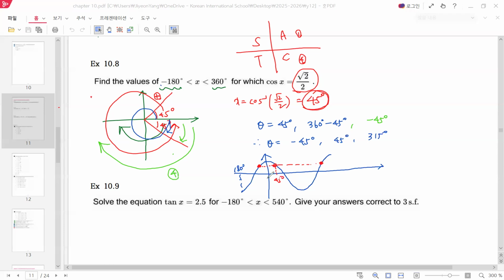Do you understand? Then 45 degrees, then minus 45 degrees. Please see that this gap should always be the same. This gap is the same as this gap. Please see the shape of the curve. So 45 here, and from 360 back to 45, so 360 minus 45 degrees, which is 315 degrees, is the answer of this question.